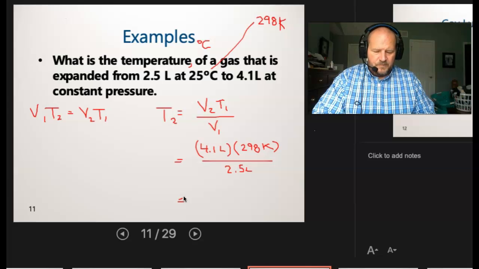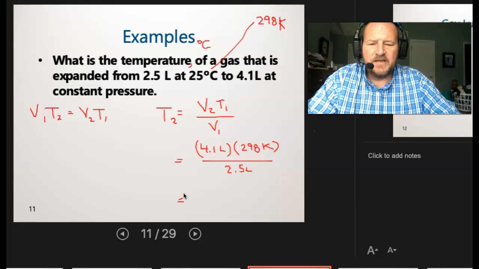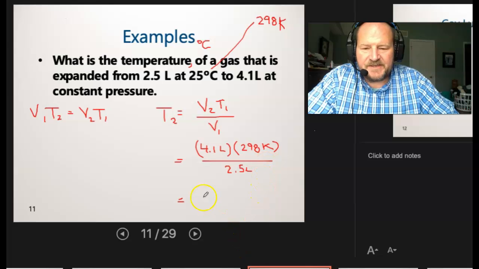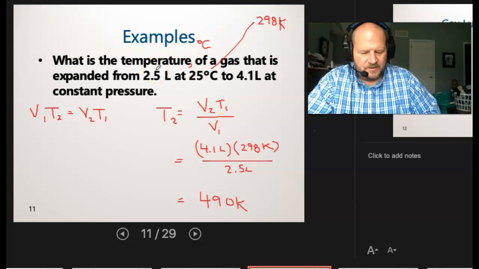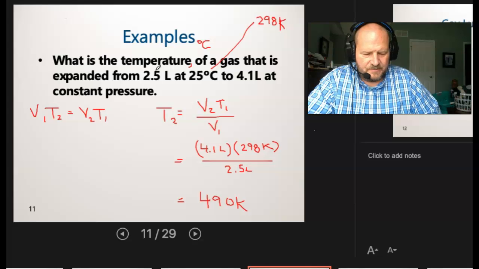All right, so 4.1 times 298 divided by 2.5. 2 sig figs gives me 490 Kelvin. But we want our answer in degree C. So we're going to take 490 minus 273.